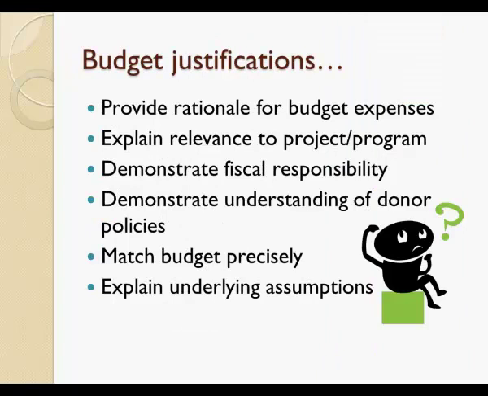You will need to prepare a budget justification. The budget justification provides a rationale for each expense in your budget. It explains the relevance of the expense to the achievement of project goals and objectives and activities.